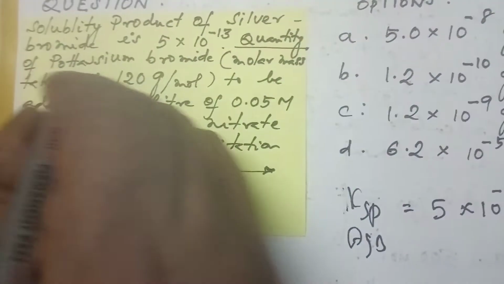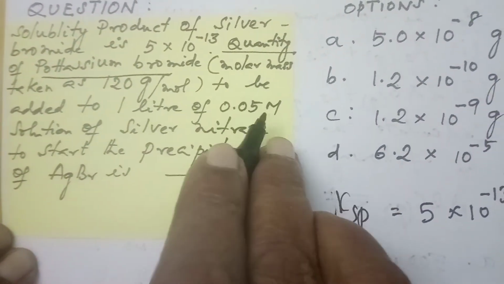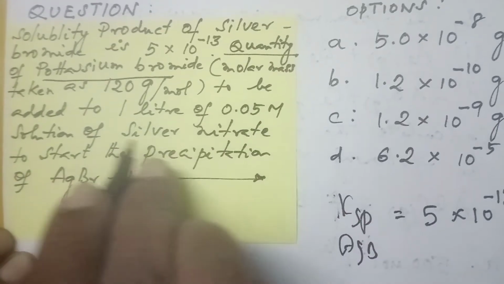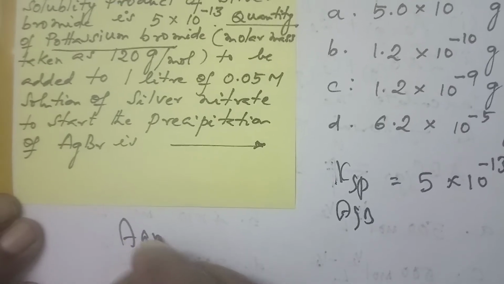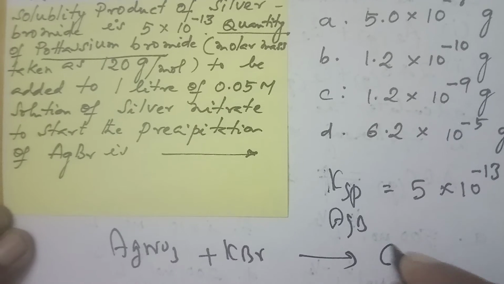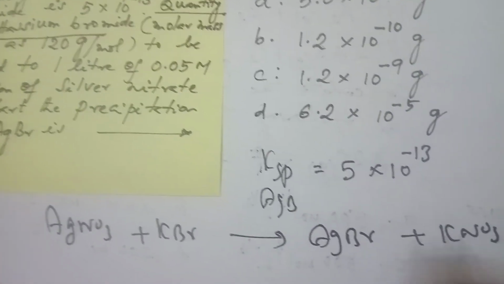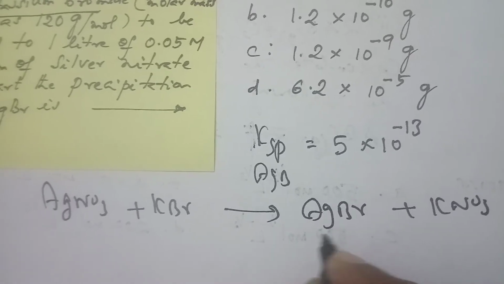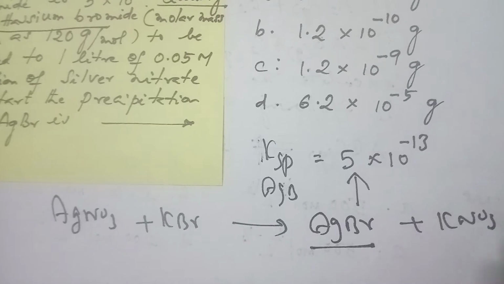Quantity of potassium bromide to be added to 1 liter of 0.05 M silver nitrate. Now let me write the chemicals reacting: silver nitrate plus potassium bromide gives silver bromide plus potassium nitrate. This is the equation that is going to form, and for the silver bromide the solubility product is given.